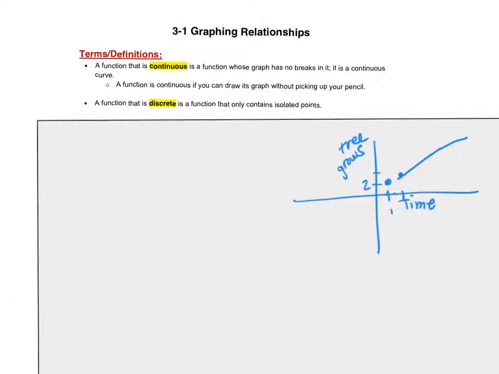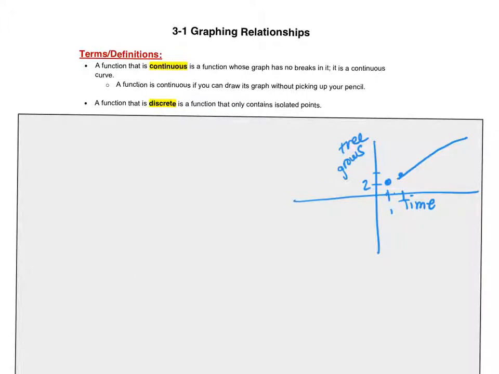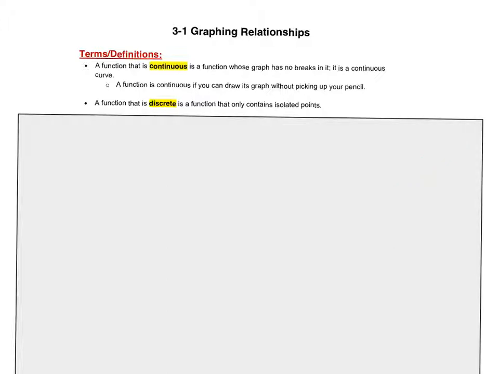A discrete graph would be, as they discuss here, a graph where a function has isolated points. So let me give you an example of that. If I was to draw and say that we are going to measure, let's say, how many bracelets you're going to create.